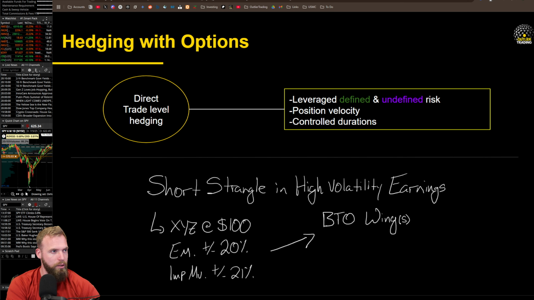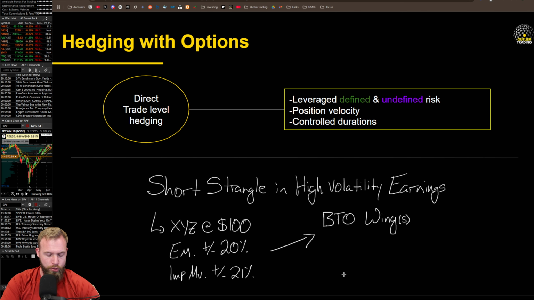Because when we think about a standard short strangle, if I have a P&L graph here, this is going to be my short strangle. But let's say that I deem the risk is only to the upside. I don't want to get run over on the call side. So maybe I'll buy an out of the money call so that I don't have this unlimited upside risk. I still have the unlimited downside risk.